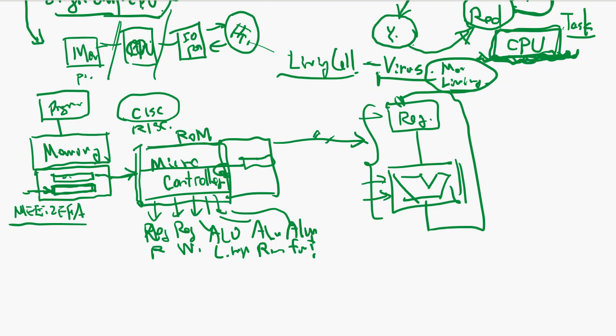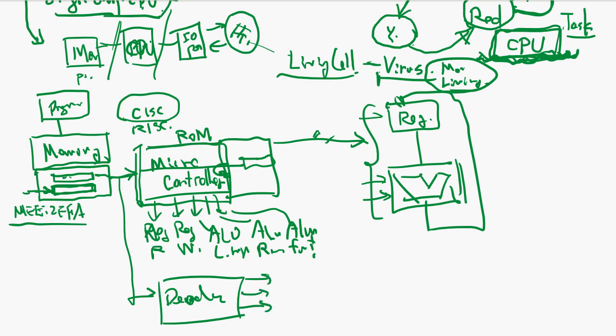But in RISC, this goes to the instruction decoder, and it generates various signals, and these signals depend on the CPU and the set of instructions. If you reduce the instruction set, this can be manageable.